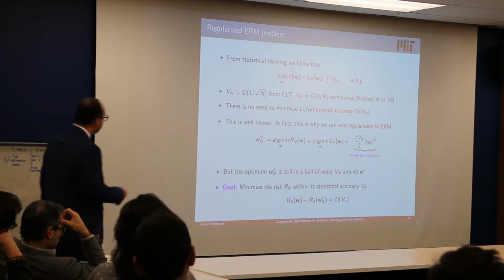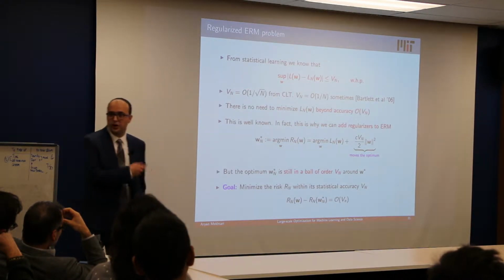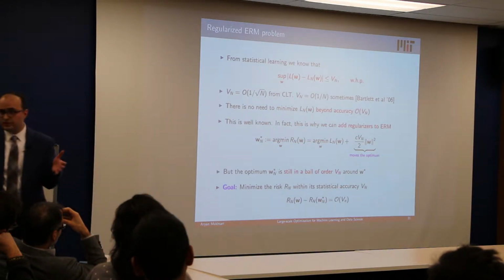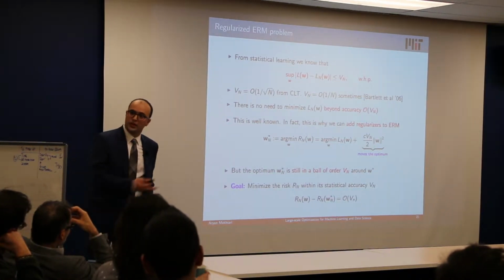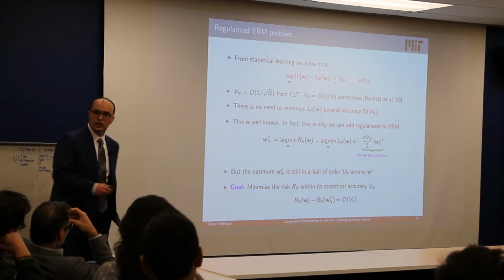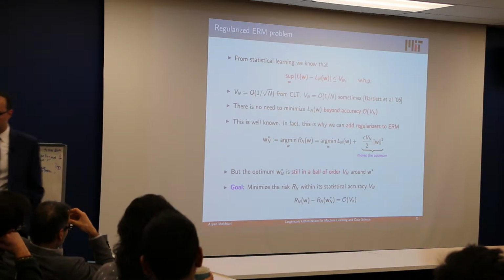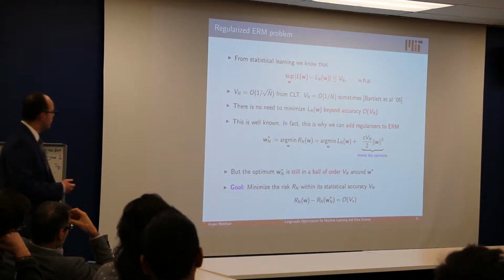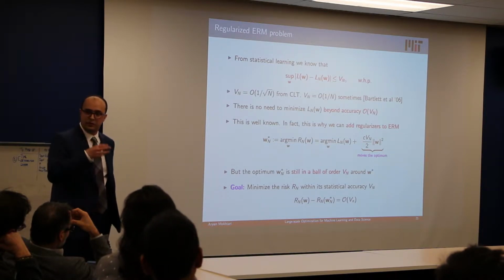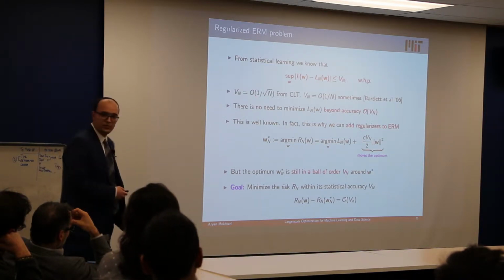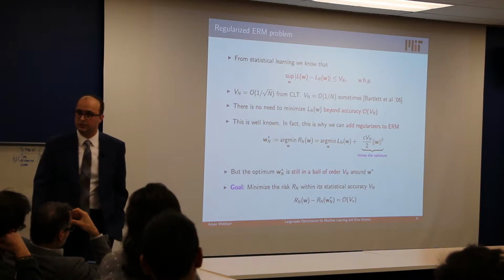Yeah, exactly. There is going to be a VC constant that I'm hiding there. Depending on the classes of functions that you are using, the constant that appears here is going to be different. I'm putting everything inside this O factor, and I just show the dependency on 1 over square root of n. But depending on the classes of functions you're using and the max value that you can see, the constant might change, which is basically the VC dimension of the problem.